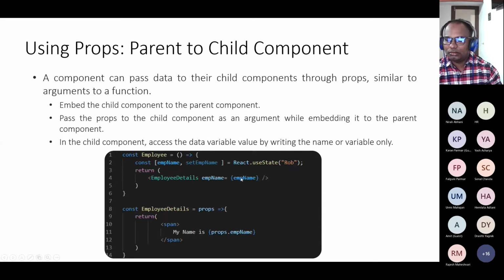Similarly, you can pass methods also. The employee name method is the one through which you can change the value of the employee name. Similarly, any function or method that you want to pass, you can do it simply by writing this syntax.